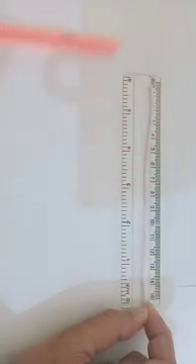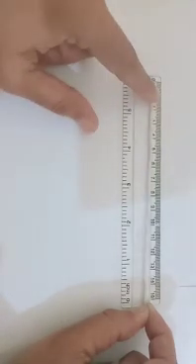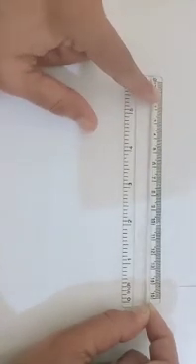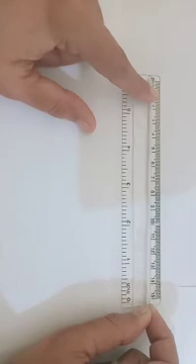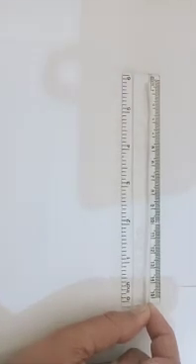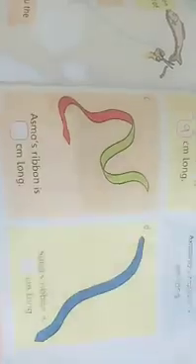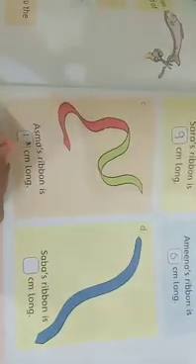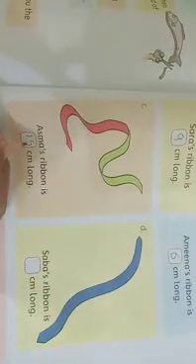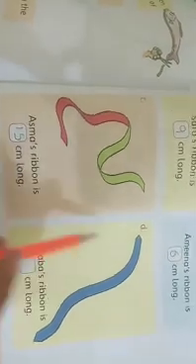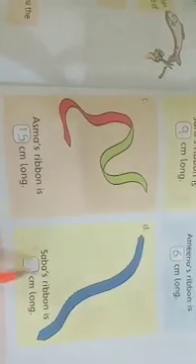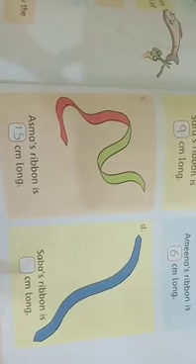So the length of this is 15 cm. Asma's ribbon is 15 centimeter long. Now we will write here 15 centimeter long. Next one we will measure. This is Asma's ribbon, dash cm long.